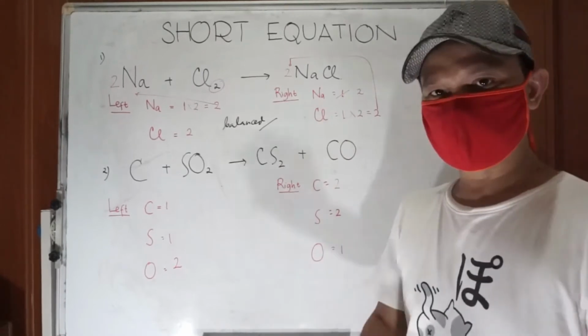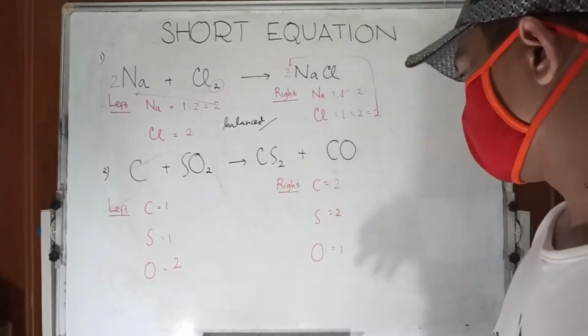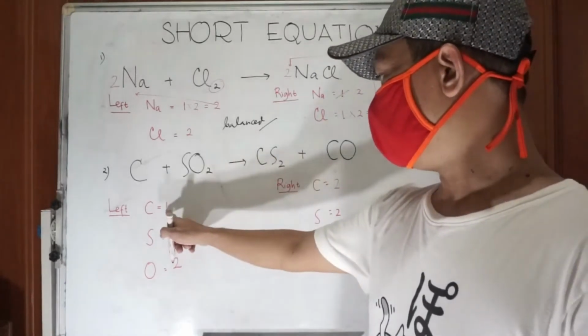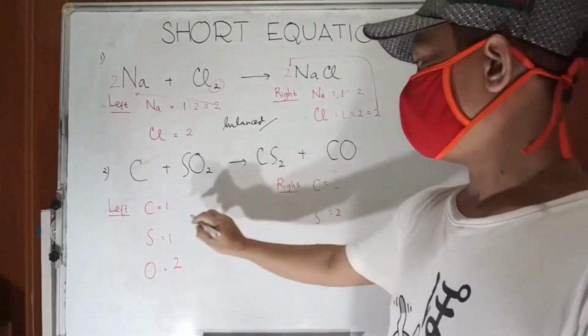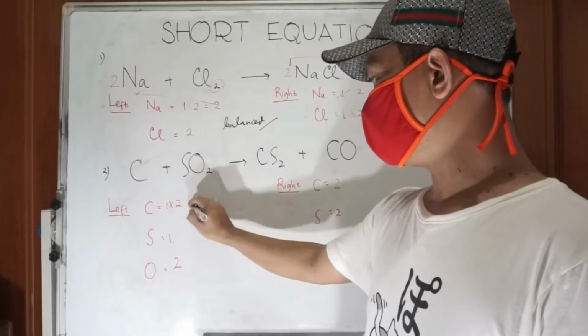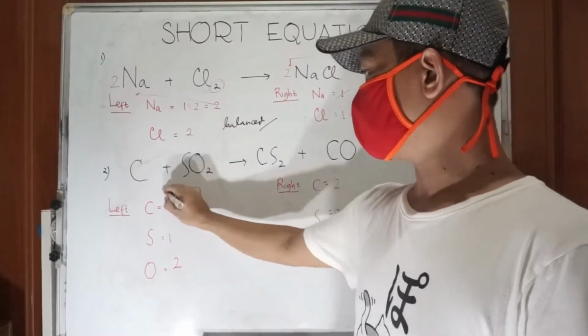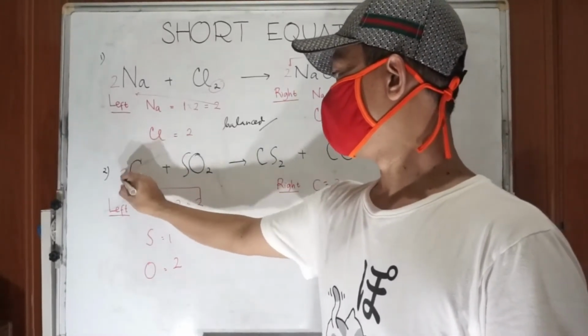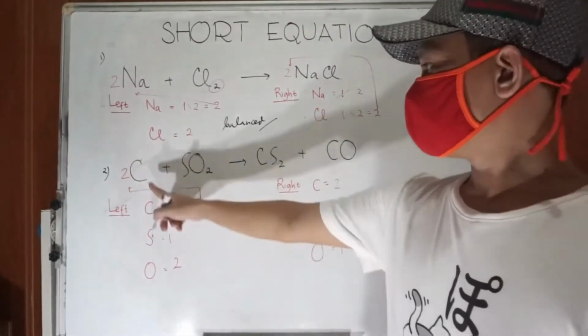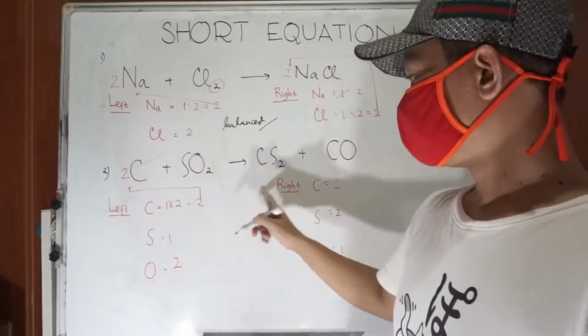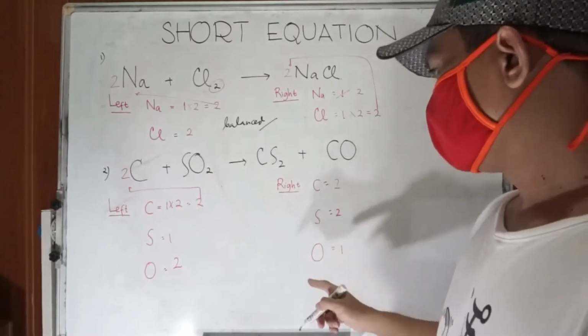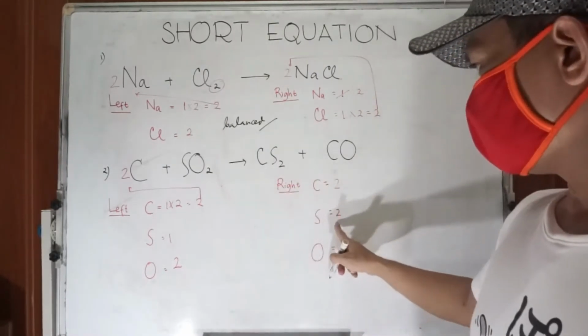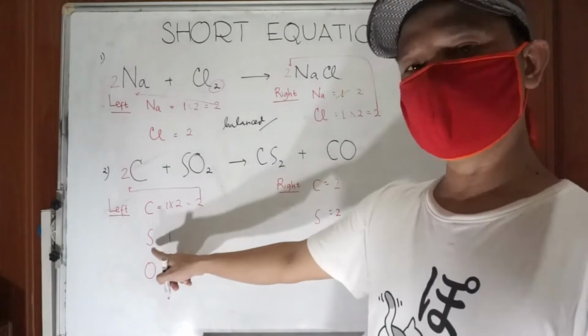Now we're going to compare left and right, okay? Carbon, 1 is 2, so times by 2 equal to, automatically here is 2, right? Carbon 2, balance, right? Now is S. For the right side, S equal to 2. For the left side, S is 1.